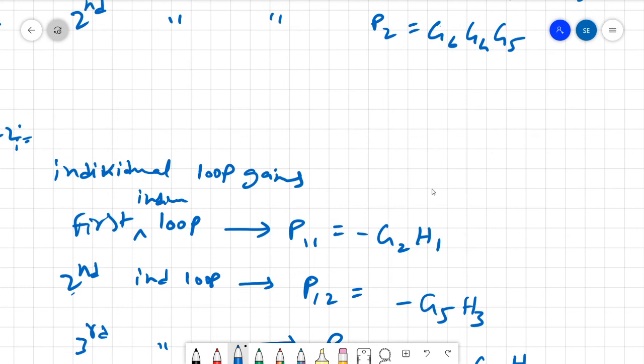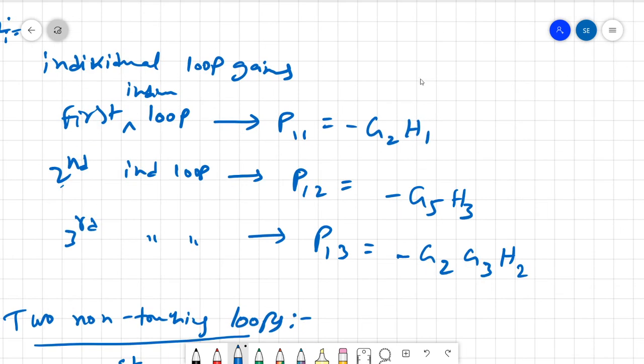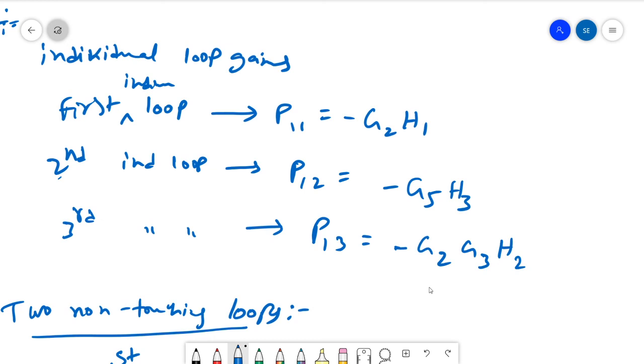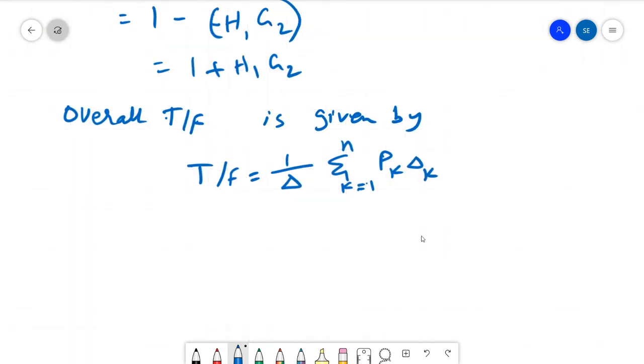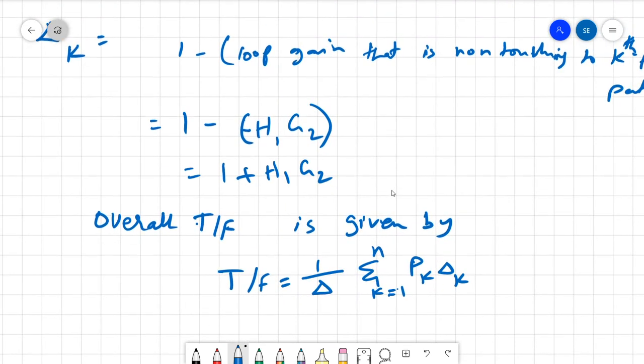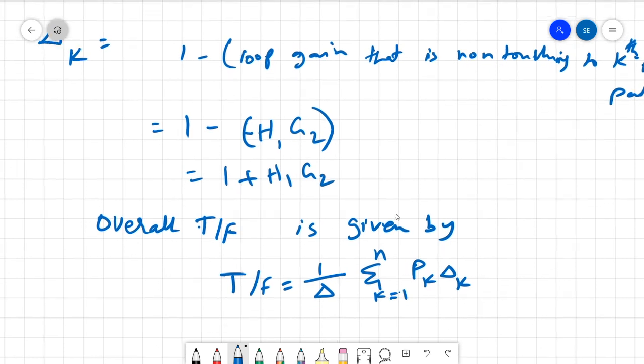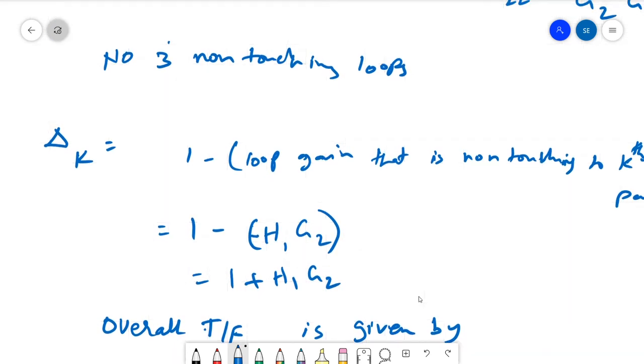Summation of P1 del 1, P2 del 2, right? Check it out. For the forward path, P1 del 1. Is there any del 1 here? For the first forward path we don't have anything. This is actually for del 2.